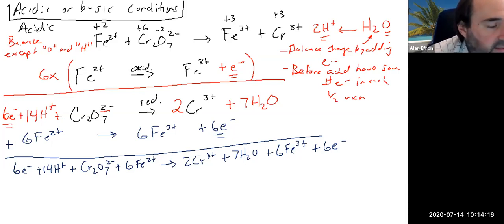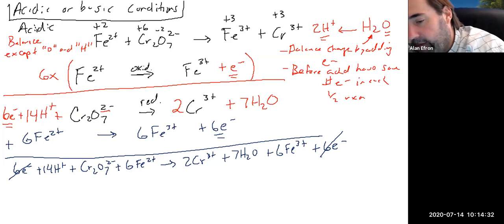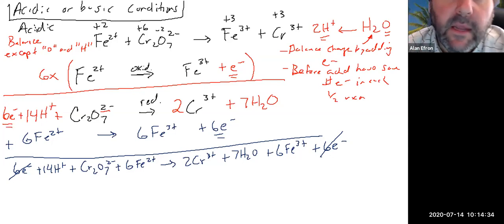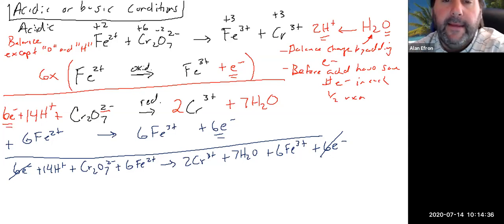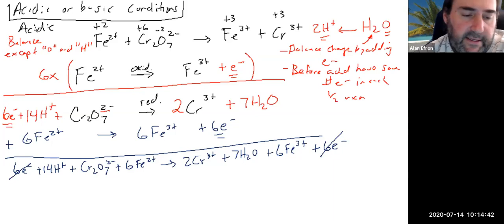Now what you can do is anything that is the same on opposite sides of the arrow, you can either completely cancel out or reduce down. So if we look, we see what should always happen: the electrons should completely cancel out. And there's nothing else canceling out.